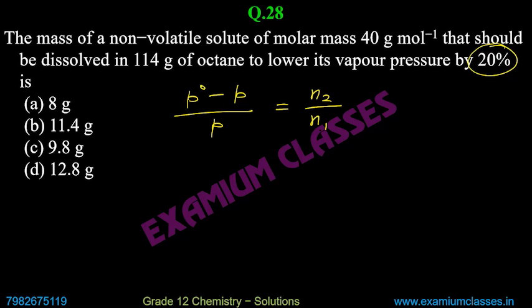Now you need to calculate N2 and N1. So it is molar mass 40 dissolved in 114 gram of octane. Octane is 114 grams and depression is 20%. So you will have to assume the mass of non-volatile solute.